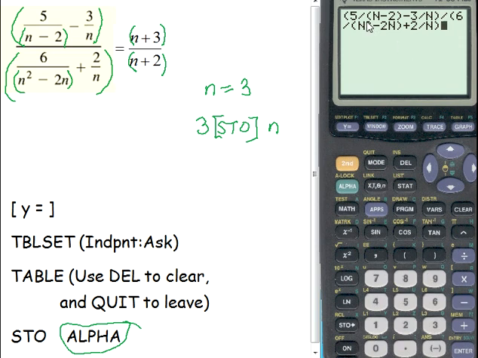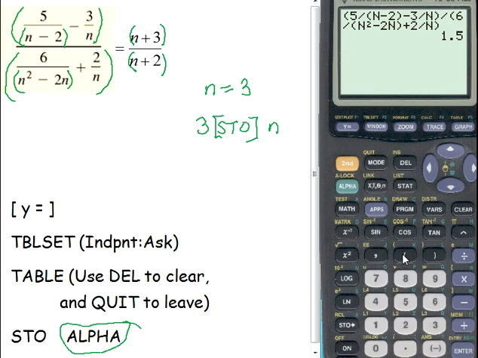But you probably should look at it first and make sure you've copied right. The big parentheses, the first expression, minus 3 over N, close the big parentheses, divided by big parentheses, 6 over the denominator, plus 2 over N, close the big parentheses. All right, I'm hitting enter. I'm satisfied with that. And then you put your answer in.